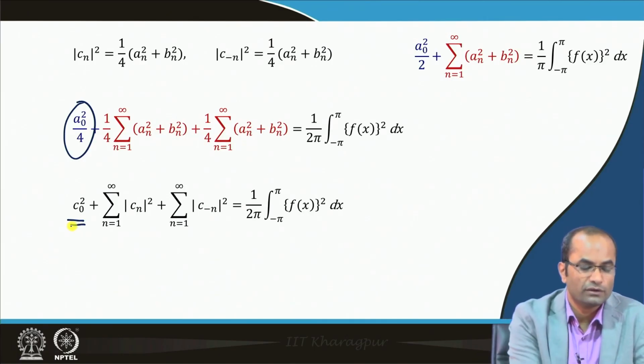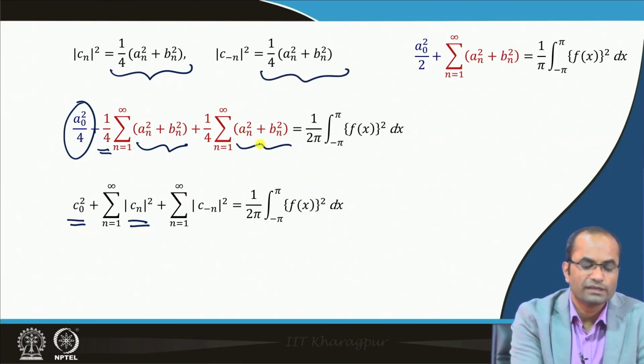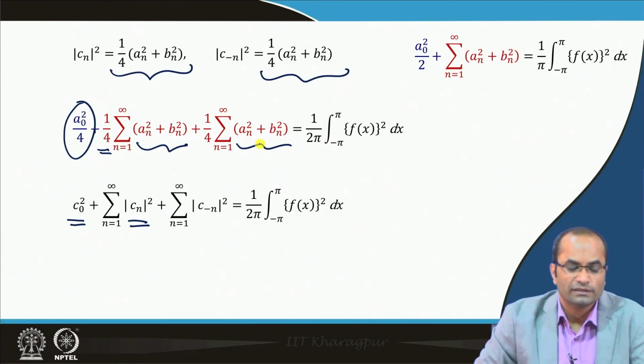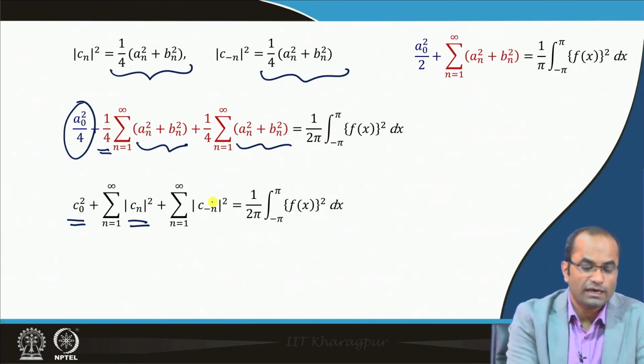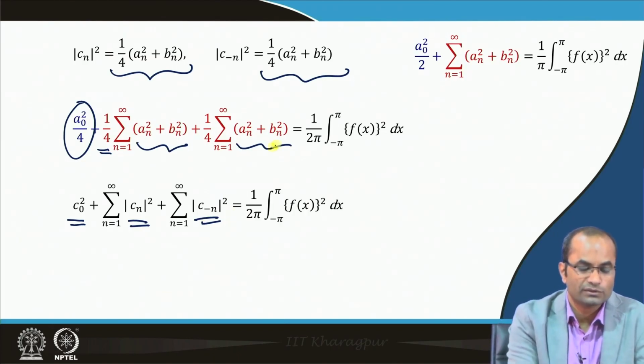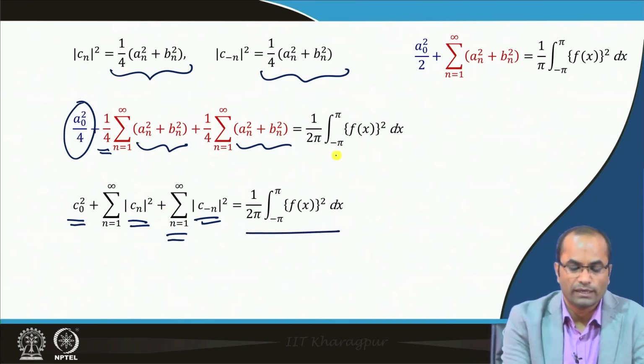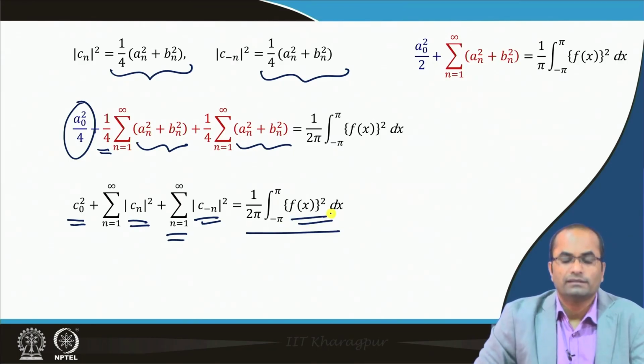And this we know already that this is A n square plus B n square, with 1 by 4 we have C n square, and then for the second one, because we have already split it into 2 to incorporate plus and minus, here we have this C minus n square with n from 1 to infinity, and then we have the right hand side as it is, 1 over 2 pi integral from minus pi to pi of f x whole square dx.